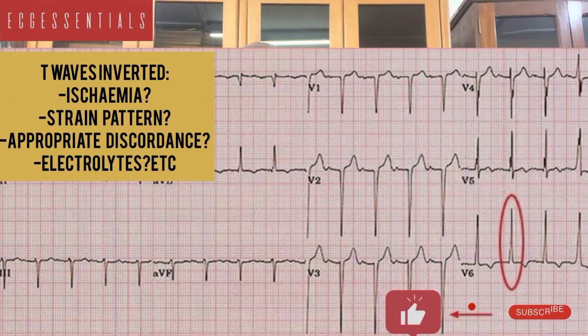So if it is right, it may be as a strain pattern in the right precordial leads, and if it is left, we may expect it in the left, say, lateral leads. So the T waves will be inverted, not representing ischemia per se, but just there because there is ventricular hypertrophy and it's there as a strain pattern.